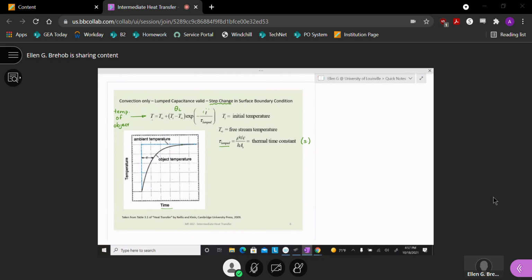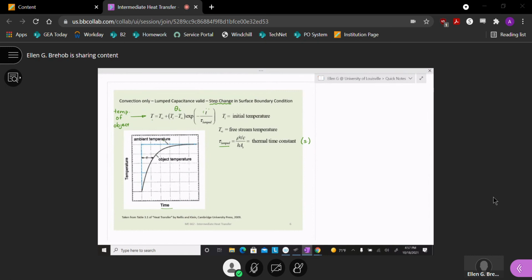I've always liked this. Some people have this idea that within, and sometimes people use 4 or 5 thermal time constants, I am close enough to the ambient temperature. So for example, using thermocouples, you stick a thermocouple into some air temperature. How soon am I measuring the temperature of that airstream?